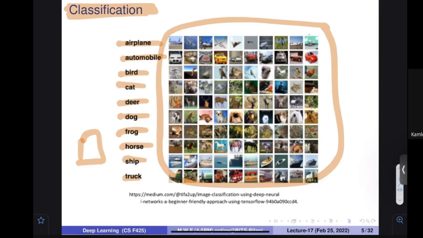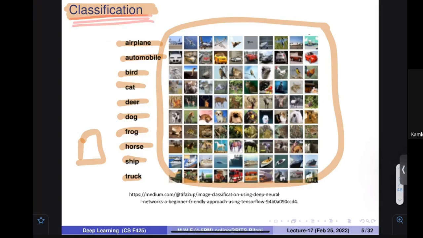Your objective is that given any specific image, for example, if I give you this image, you have to tell that it is a dog. If I give you this image, can you tell me that it is a horse? It is a very interesting problem, and people solve it and are getting good accuracy nowadays. After that, the CIFAR-100 database was introduced, and people do a lot more things.